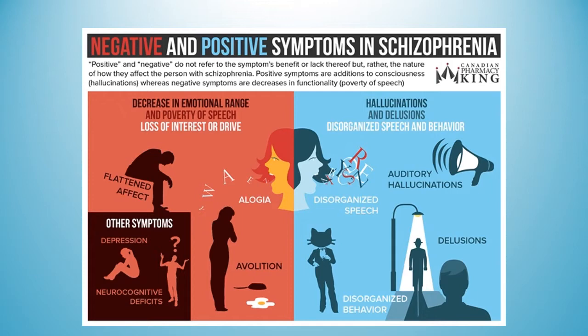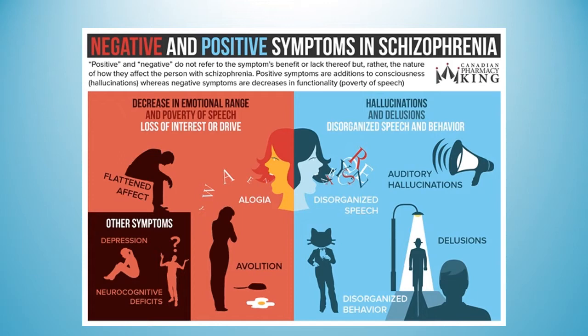By the way the person is behaving in the current situation. If the person is showing some additional behaviors which the person did not show earlier, then we can say that these are positive symptoms. On the other hand, if the person is not behaving in a way which he or she showed earlier, there is a deficit, less functionality, a decrease in certain kinds of behaviors, those are negative symptoms.